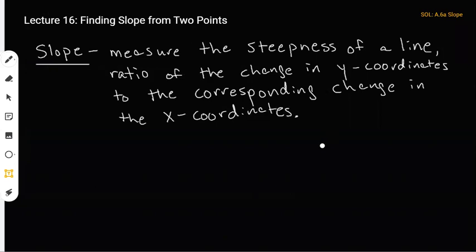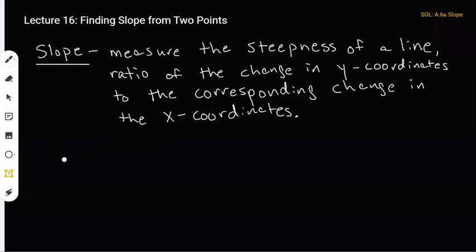So what we're going to be doing is measuring what the change in the y coordinates is. That's going to be placed on top of the fraction. And then we're going to be measuring the change in the x coordinates, and that's going to be at the bottom of the fraction.